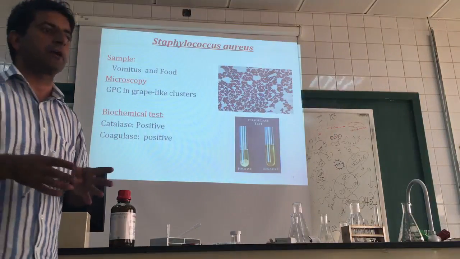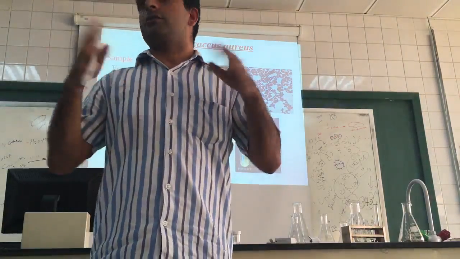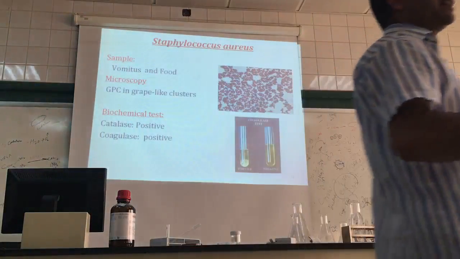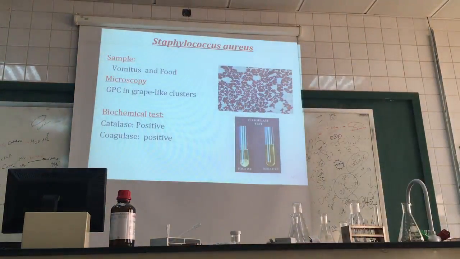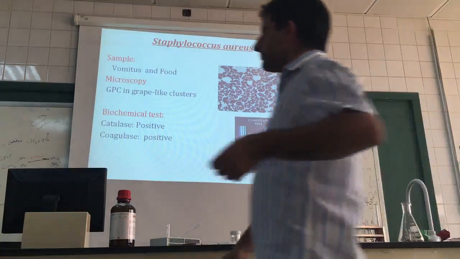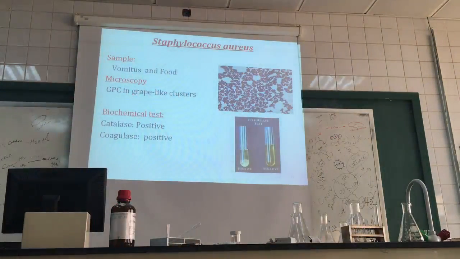Fibrinogen gets converted into fibrin to protect itself. For example, I am in the center and you 5-6 boys are around, so I am safe, right? Something like this. So this is catalase positive, coagulase positive Staphylococcus aureus.